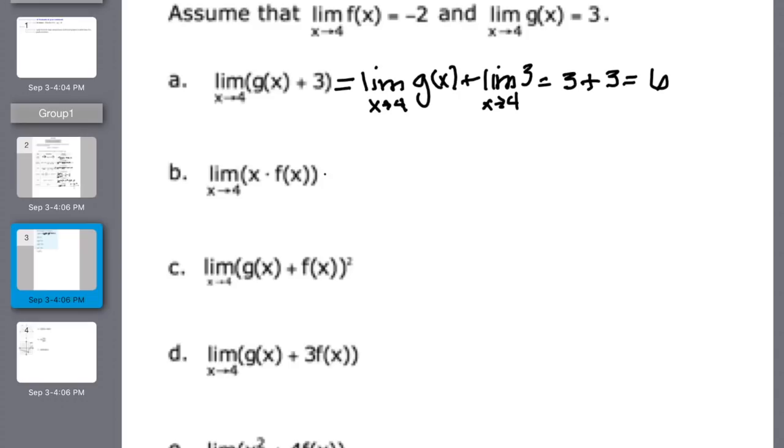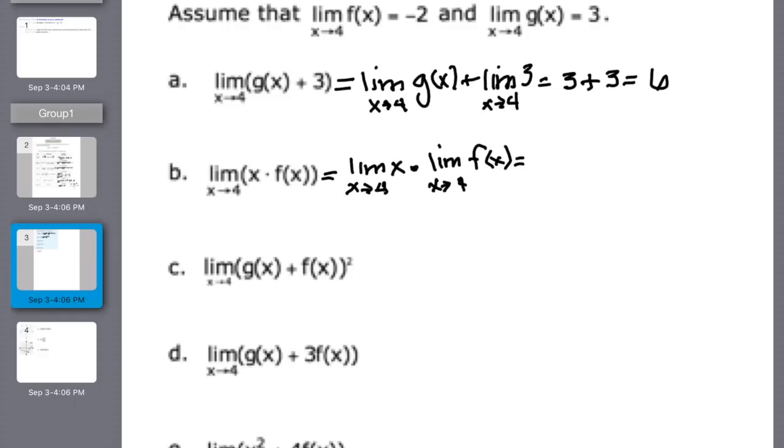Same thing here. This is a product rule, so that means the limit as x approaches 4 of x, and the limit as x approaches 4 of f(x) can be held independently and then multiplied together.